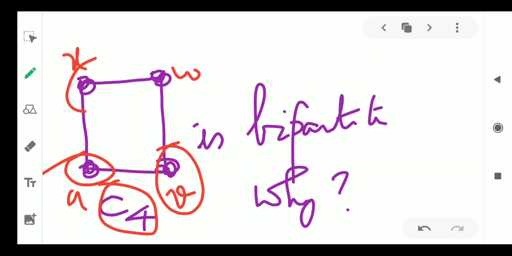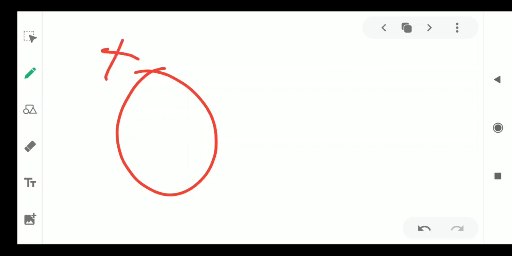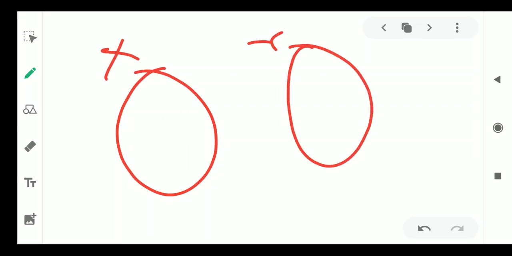Let me take X like this and Y like this. Let me keep U here.